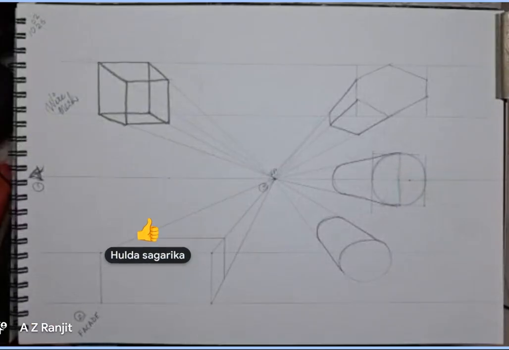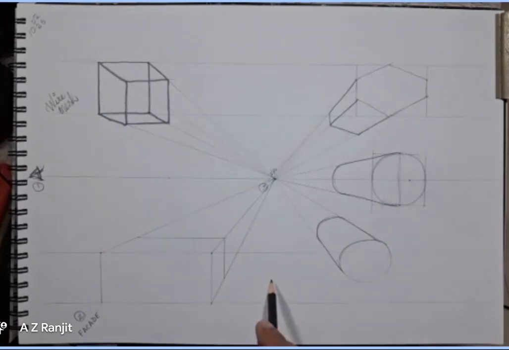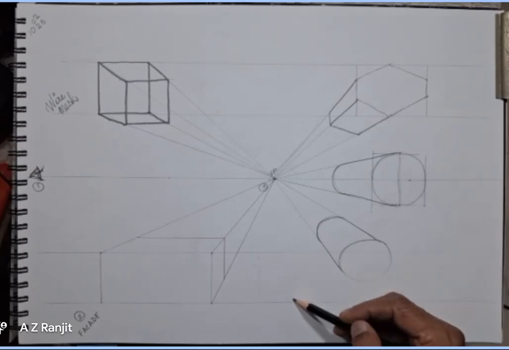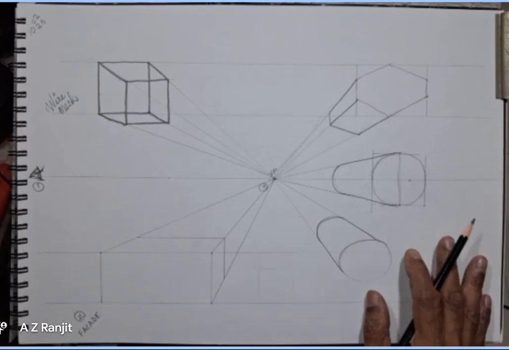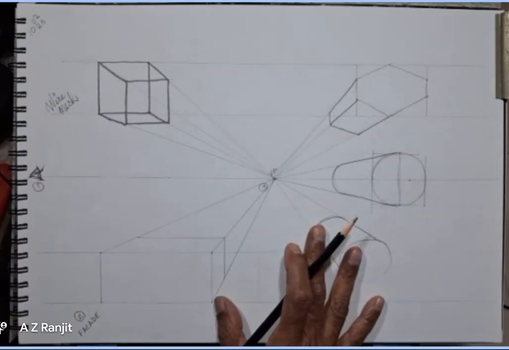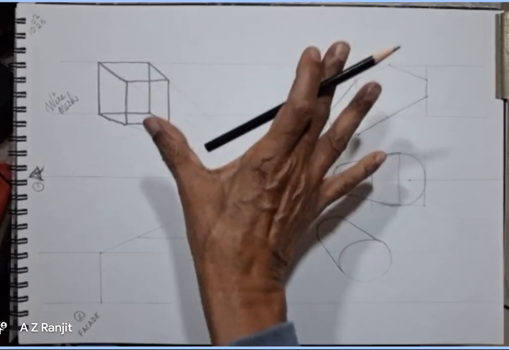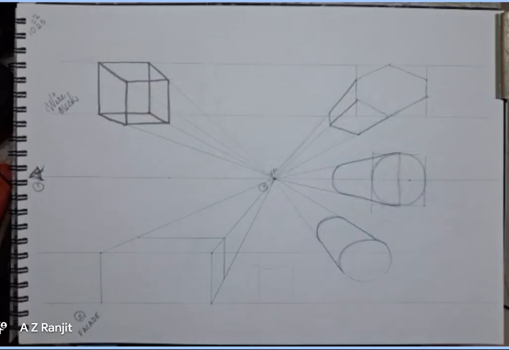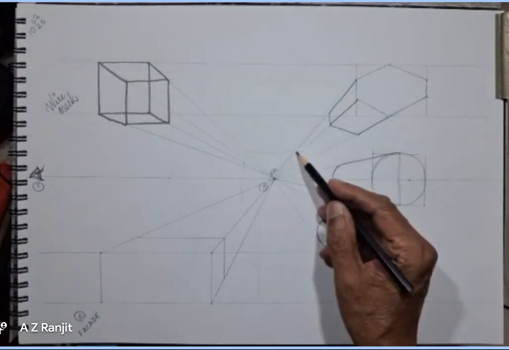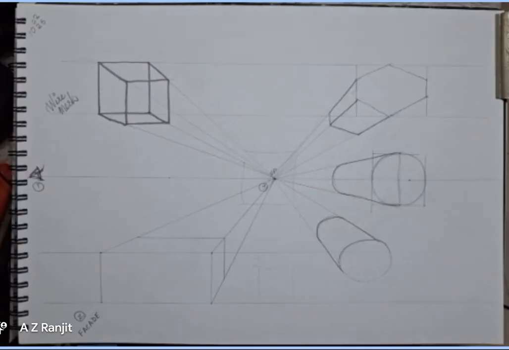So, if we are going to do one point perspective, we will have 1, 2, 3. 1 right below here, 1 to the left, 1 to the right. This is below eye level. Above eye level, we'll have 3. On eye level, we'll have 3. So, there can be 9 objects.